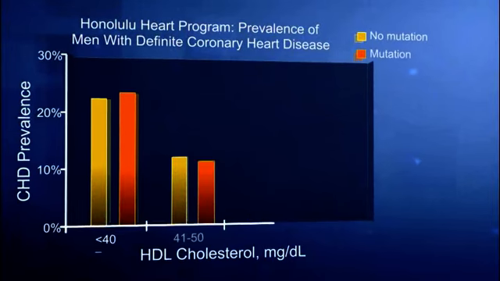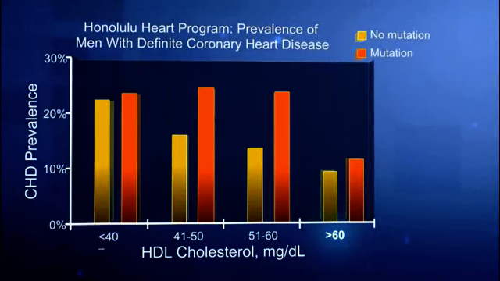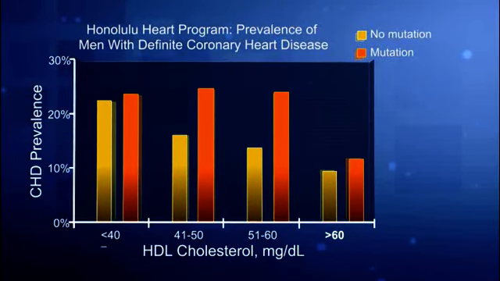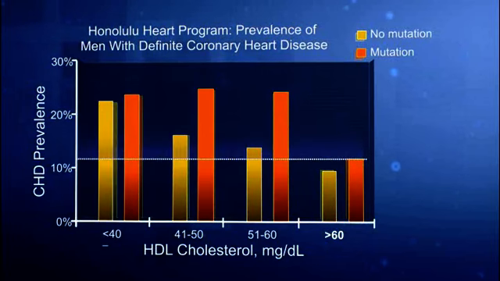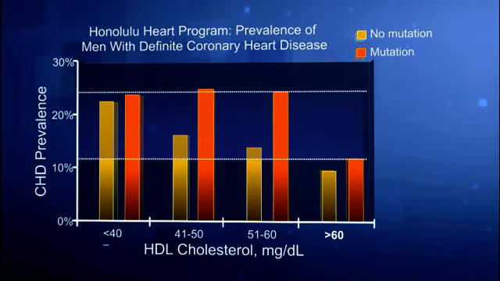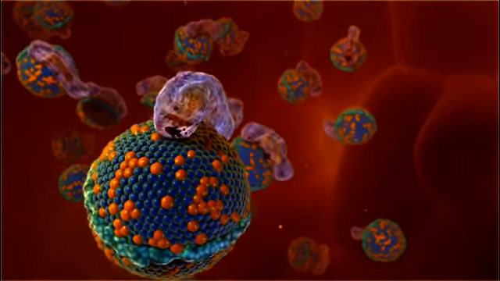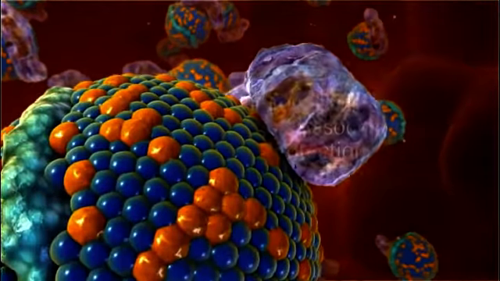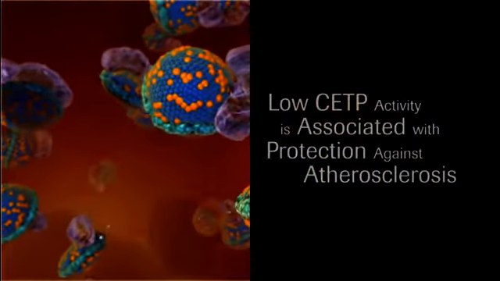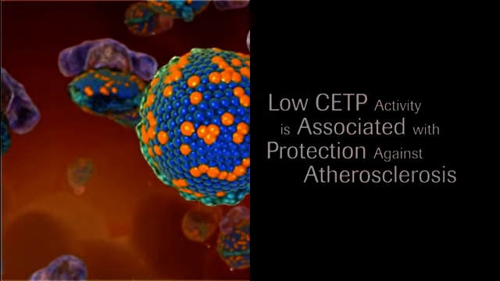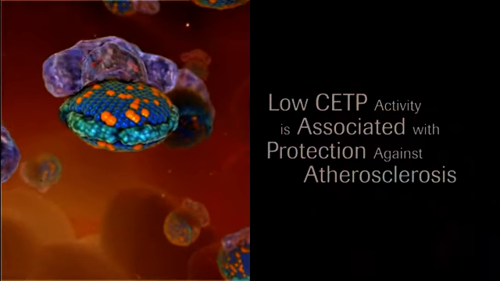And if it's considerably up, like above 60 mg per deciliter, in fact, the net effect of that is a protection against coronary disease. So also the data in humans confirm what we have seen in the rabbits, namely that low CETP activity is associated with protection against atherosclerosis.